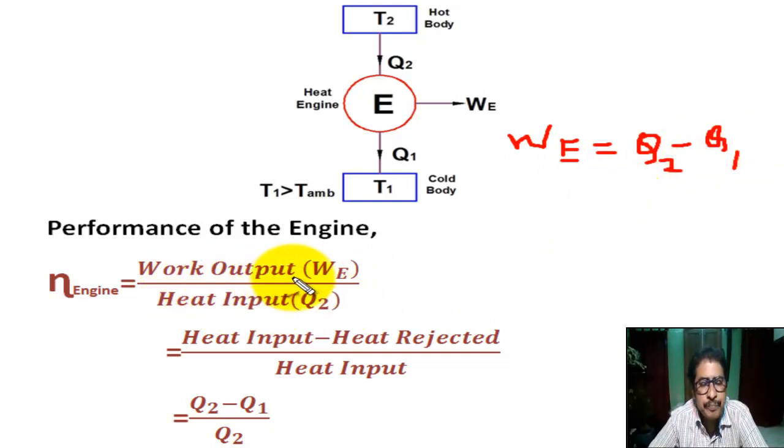Work output equal to heat input Q2 minus heat rejected Q1 by heat input Q2 equal to Q2 minus Q1 by Q2.